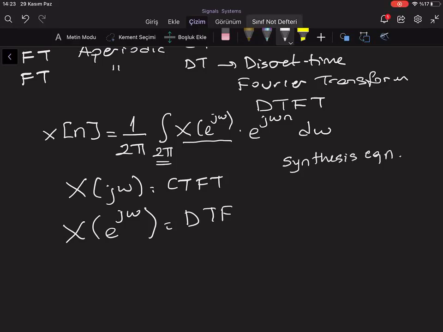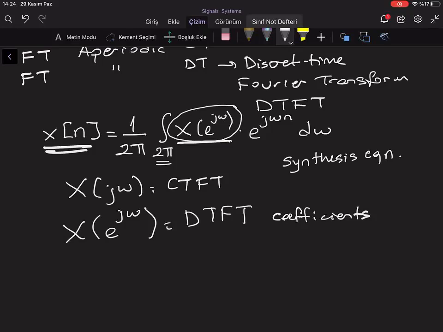What does synthesis equation mean? I will synthesize my signal x of n by combining all the cosines and sines by multiplying them with our coefficient X(e^jω). These are my discrete time Fourier transform coefficients.